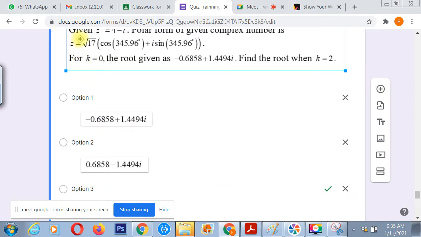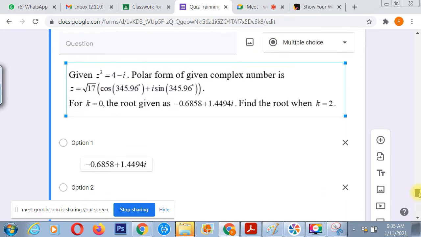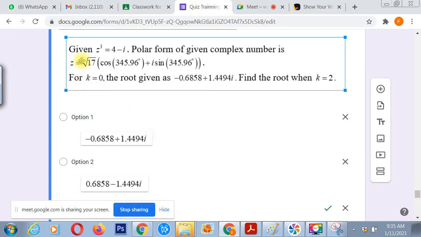There should be 3 here, not a square root here, because r is r squared.